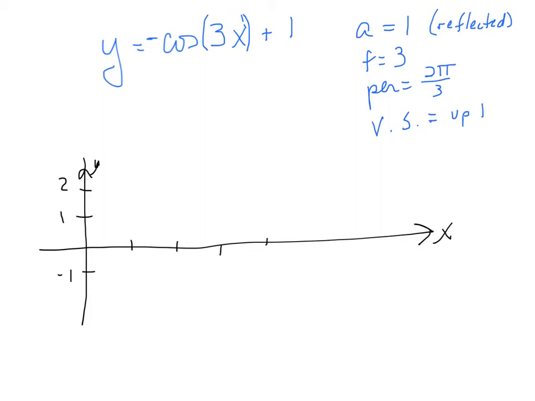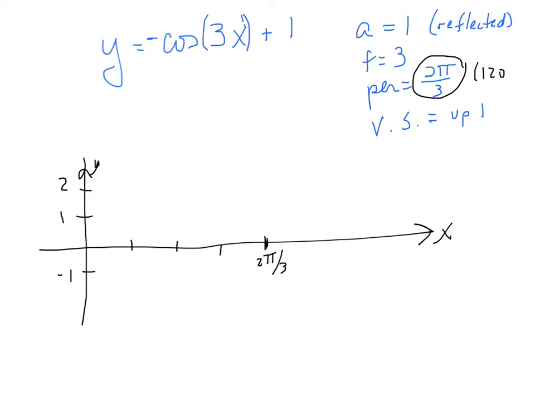What will change is how we label them. Now that will be determined by the period. The period is where the graph ends. And so this mark right here is going to be 2 pi over 3, which happens to be 120 degrees.